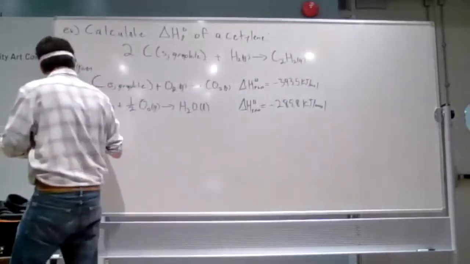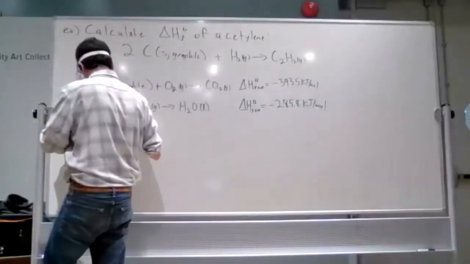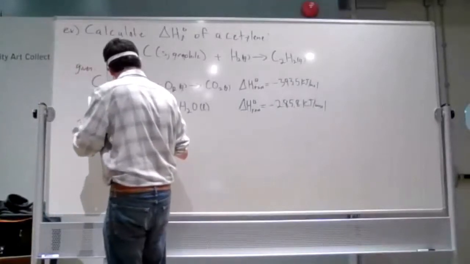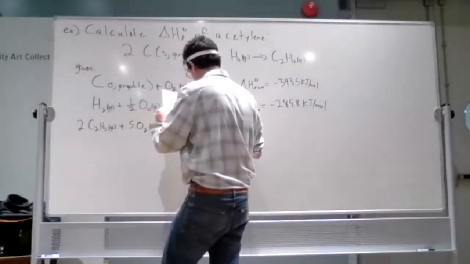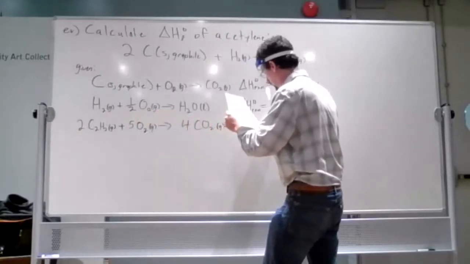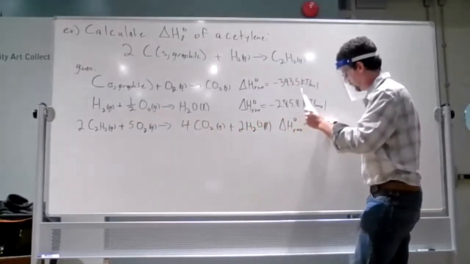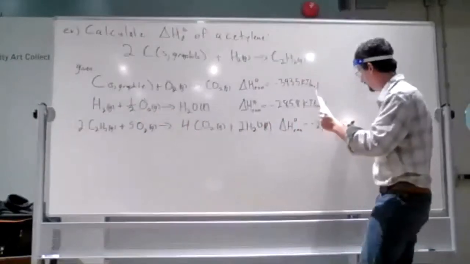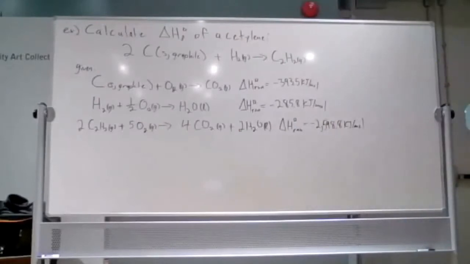And we have 2 C2H2 gas plus 5 O2 gas gets us to 4 CO2 gas plus 2 H2O liquid. Delta H reaction, negative 2,598.8 kilojoules per mole. Okay, looks scary. It's not as scary as it looks, I promise you.